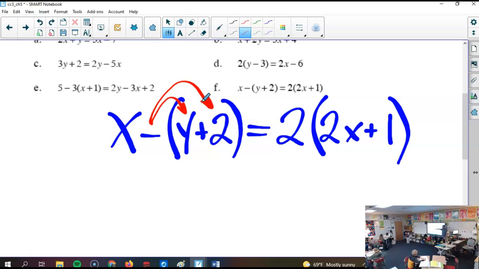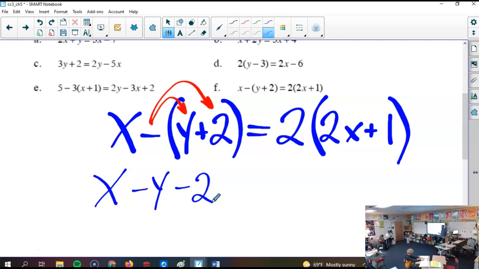Guys, you don't have to start by distributing that negative, but I would, because it's saying do the opposite of everything in here. So it becomes x minus y, so you could do minus y, or you could write plus negative y, and then a negative 2, so you could either write minus 2 or plus negative 2.